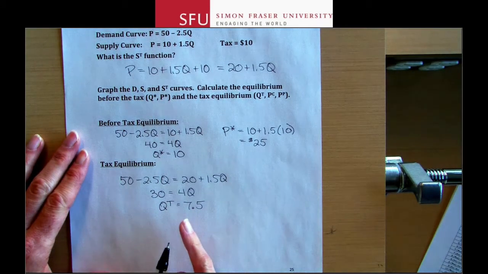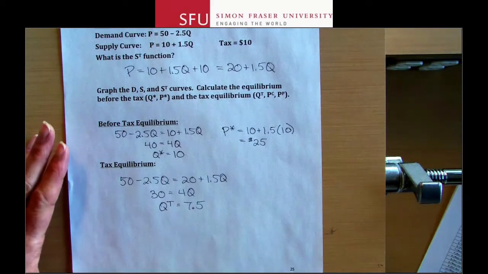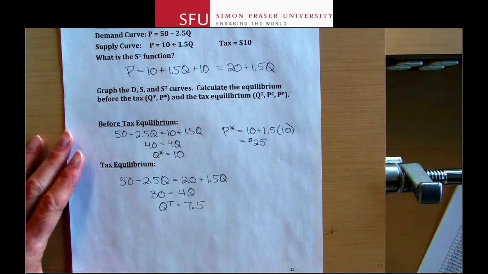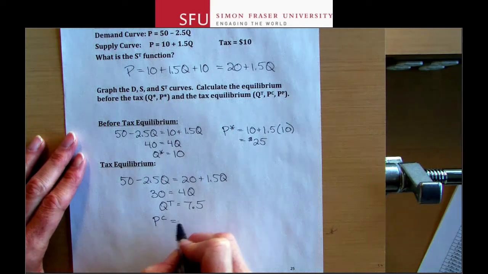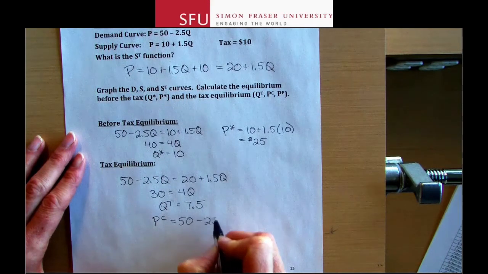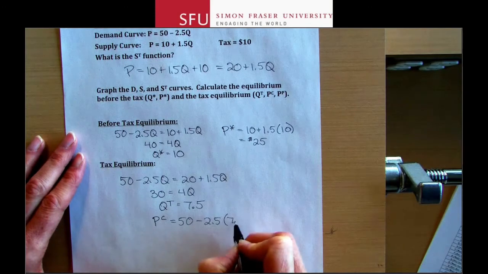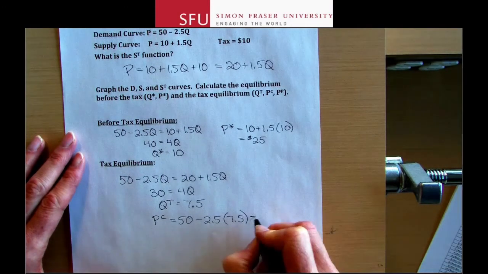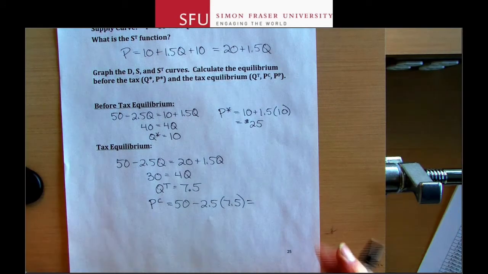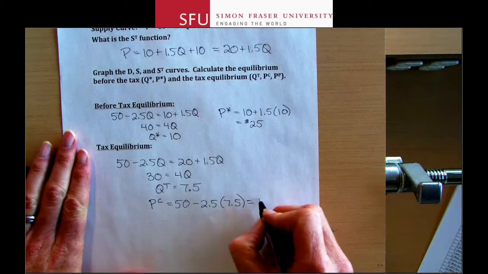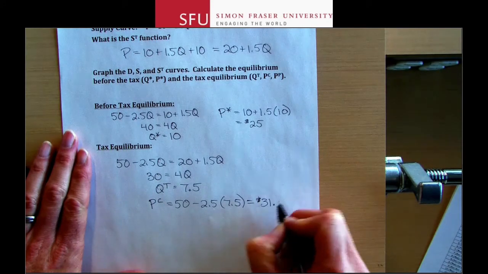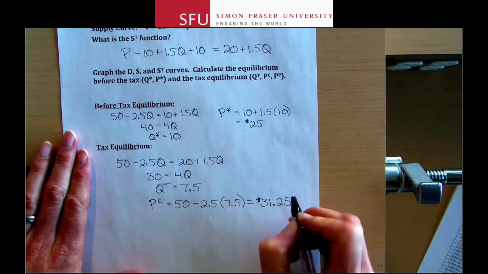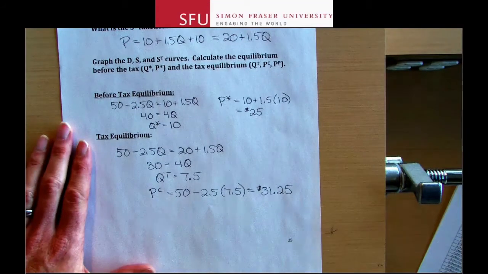And now we have to calculate two prices though, because there's the consumer price and the producer price, the price the producers get to keep. So we'll start with the consumer price. Using the demand function, 50 minus 2.5 times Q, which is 7.5, we get 31.25.